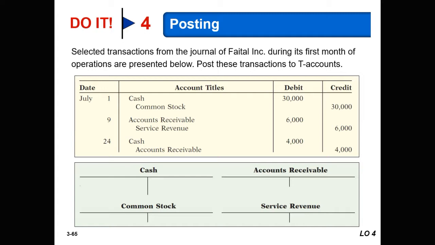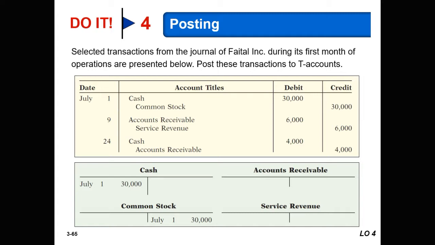So we enter on July 1st, the left-hand side of the T account, $30,000. That's the debit side. Left is debit, right is credit. We then post to the right-hand side of the common stock T account, because this is a credit amount right here, $30,000 with the date indicator.